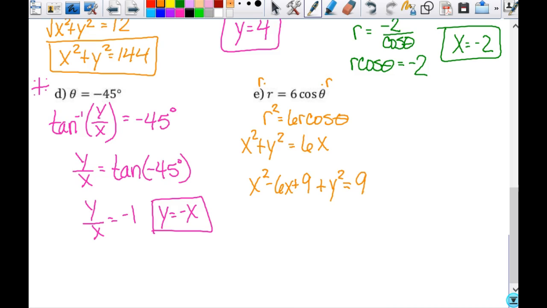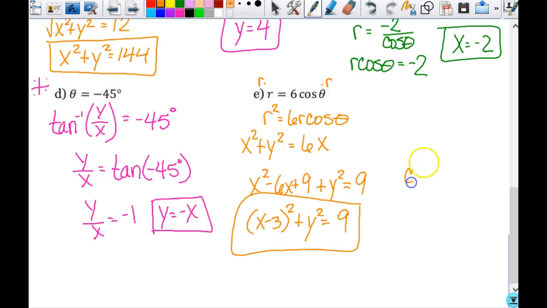So once I've completed the square, this now becomes x minus 3 squared plus y squared equals 9. There is the equation of my circle. In this circle, in the rectangular coordinate system, the center would be at what? Where's the center point of that circle?